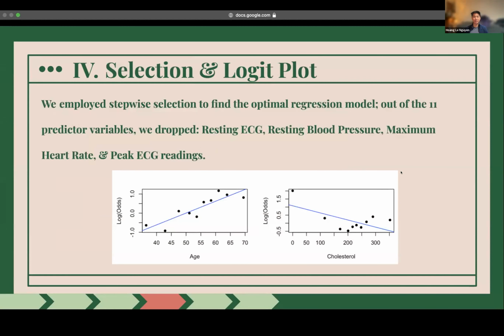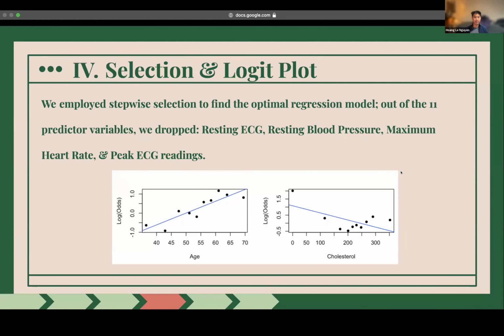And then we moved on to model selection, which uses the AIC and BIC methods of information criteria to ultimately decide on our final model, where we dropped four variables, which are resting ECG, resting blood pressure, maximum heart rate, and oldpeak ECG readings.